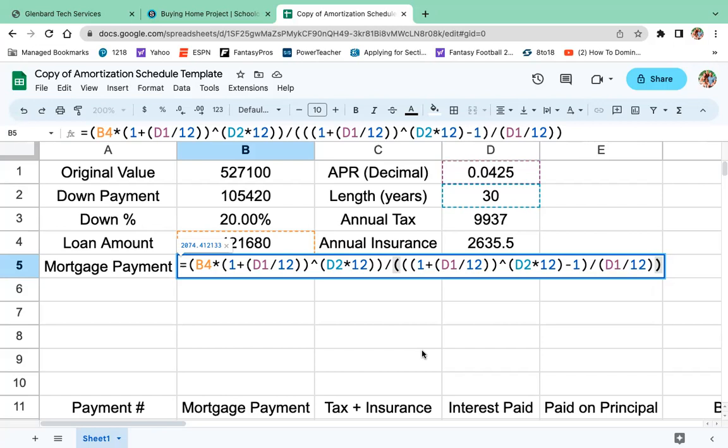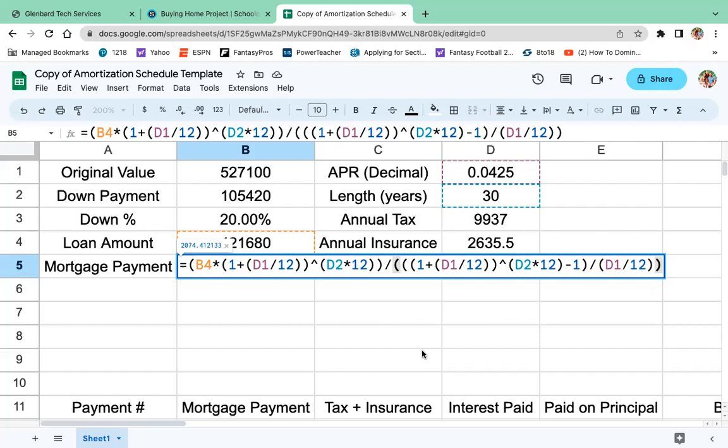Now, what was P? P was B4. Okay, I guess I could just leave that one blank. It's really when parentheses come in that you need it, okay? So P was B4, so I have B4. Then I need to multiply by this, so I'm gonna put times.